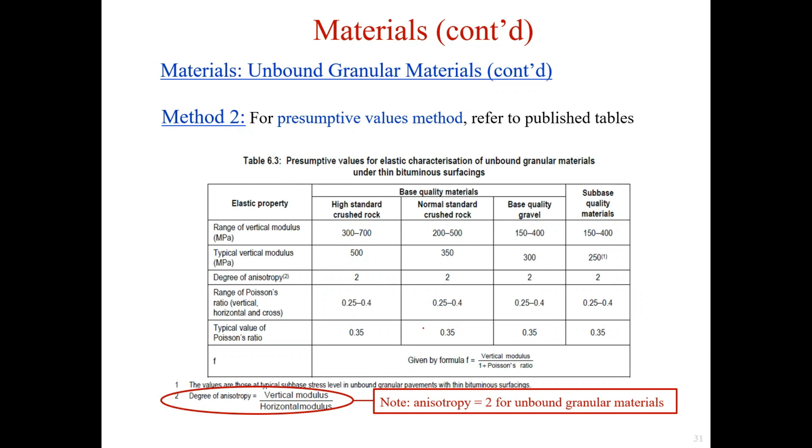This table includes values for base quality materials, high standard crushed rock, and normal standard crushed rock, and base quality gravel, and sub-base quality materials.